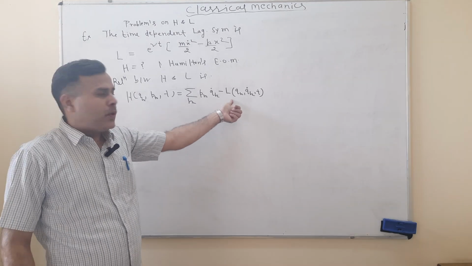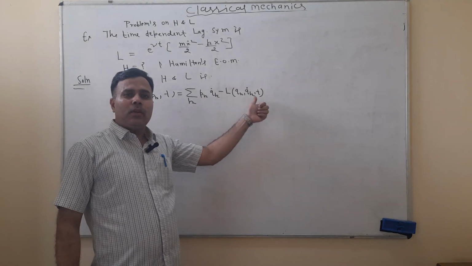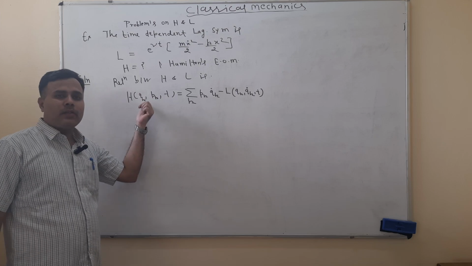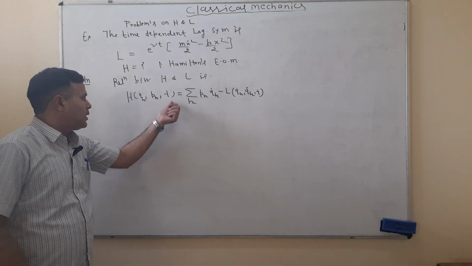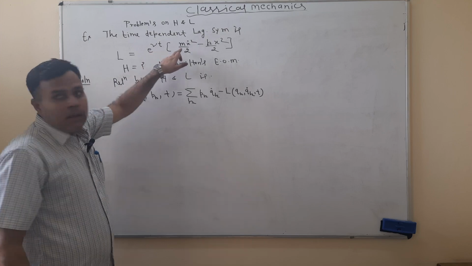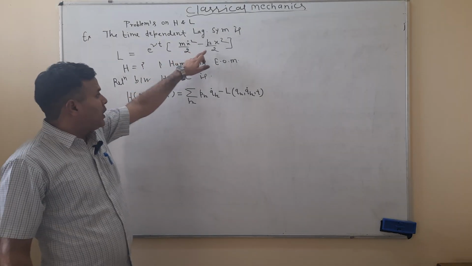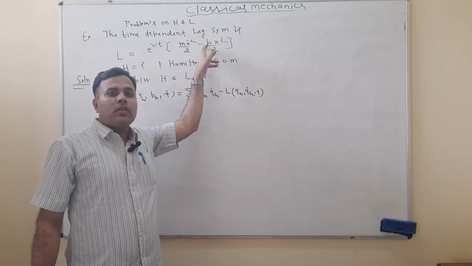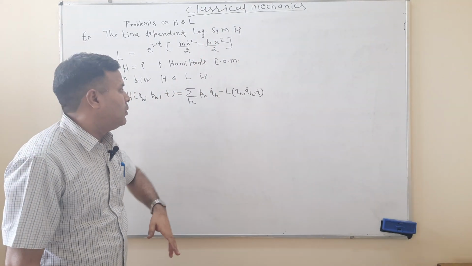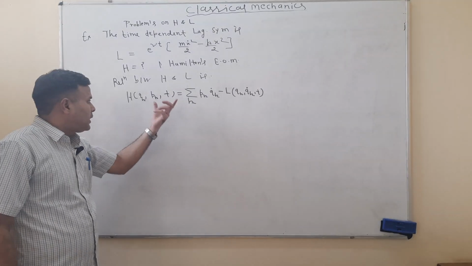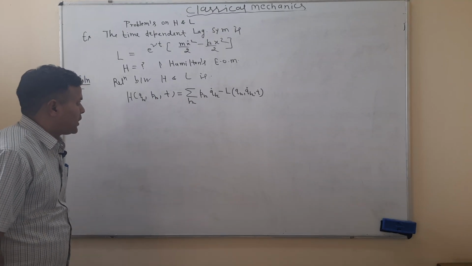The Lagrangian is a function of generalized coordinate, generalized velocity and t, and h is only a function of generalized coordinate, generalized momenta and t. In this case, our L depends upon q, qk dot and t. There is a time term, and there is a generalized velocity and generalized coordinate term also. So with the help of this relation, we can easily set up a Hamiltonian expression.